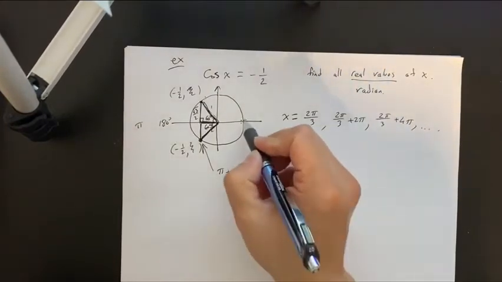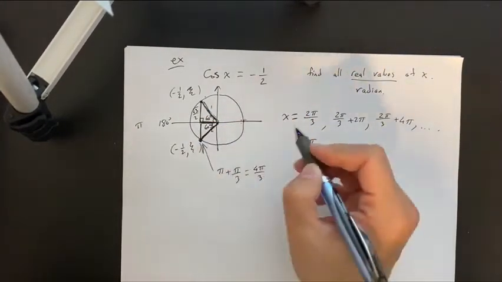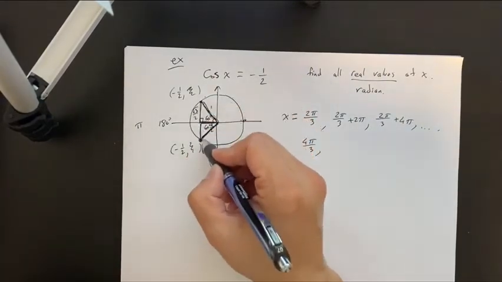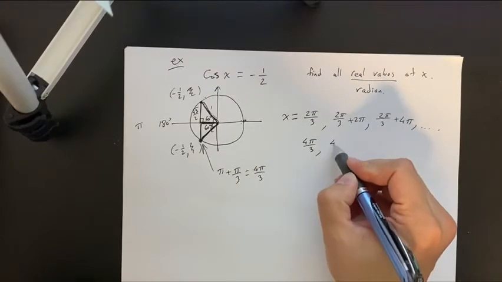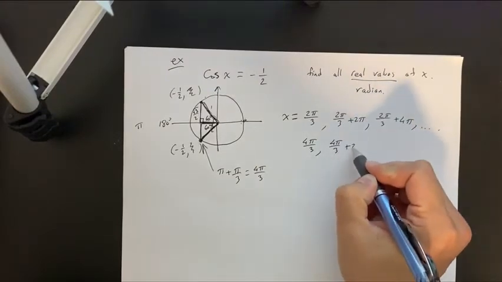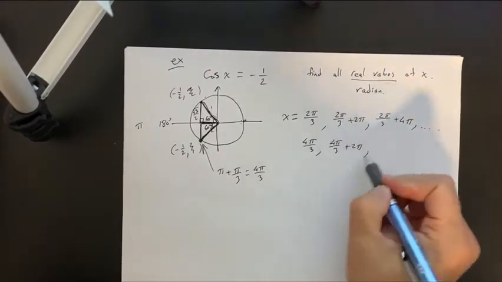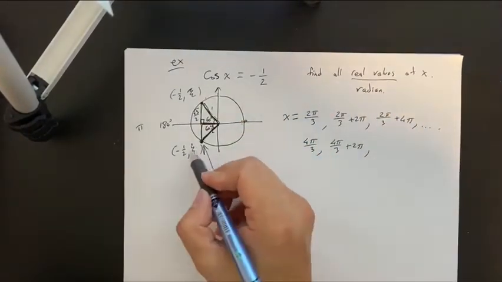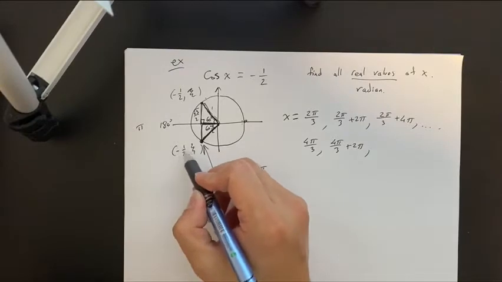Okay, so 4 pi over 3 is going to give me this position, but I could have gone 2 pi and then 4 pi over 3. That's the same as 4 pi over 3 plus an additional 2 pi. This will give me the same position, and so I will end up with the x value being -1/2 as well.